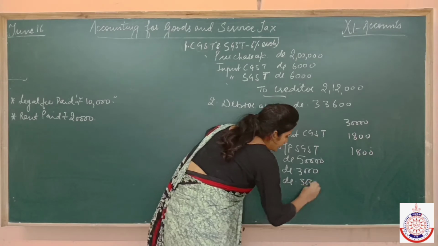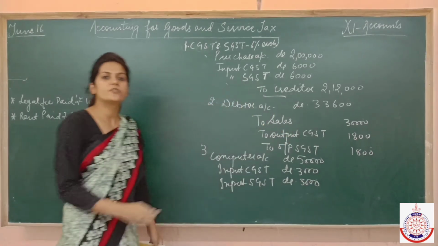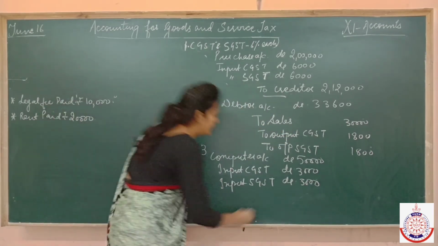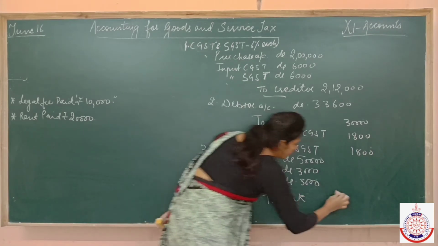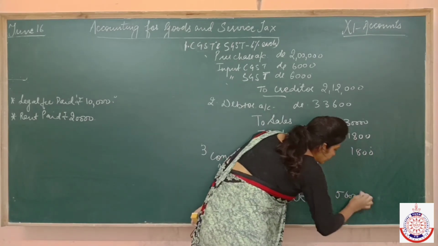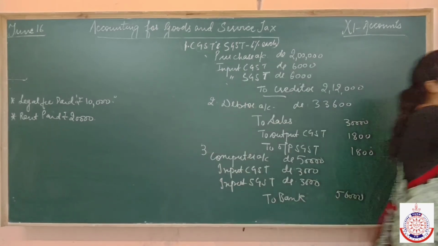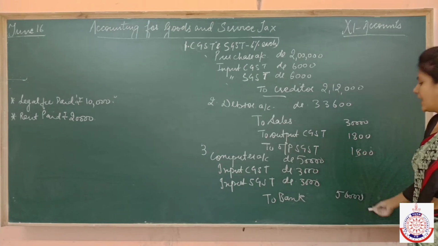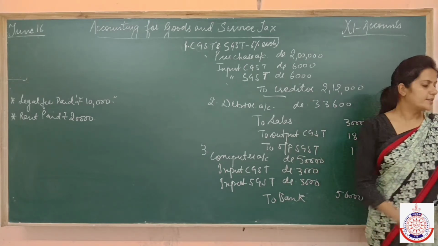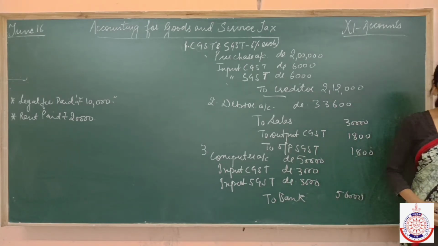So it means now the cost of the computer is 56,000, and we have made the payment by check. So I will write here bank 56,000. It means that I have purchased the computer whose cost was 50,000 at 56,000, because 6,000 like taxes I have paid on its purchase.